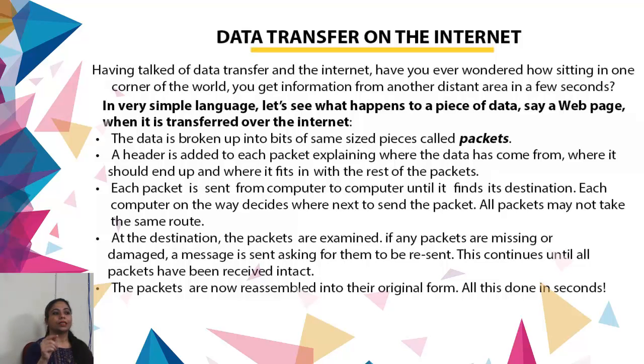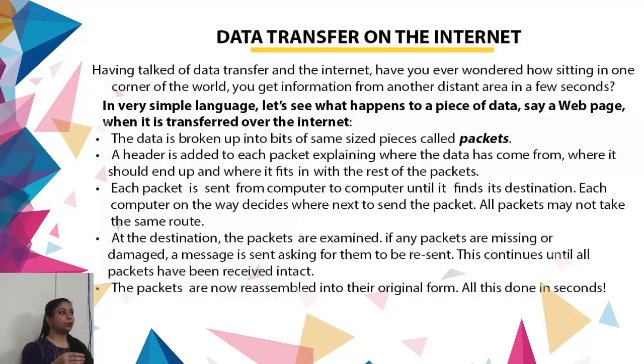Next, each packet is sent from computer to computer until it finds its destination. So the packet which carries the data or the information is sent from computer to computer until it reaches the place where it has to go. Each computer on the way decides where next to send the packet.